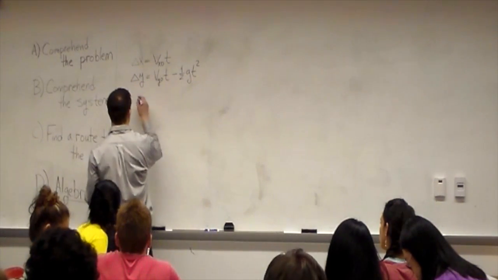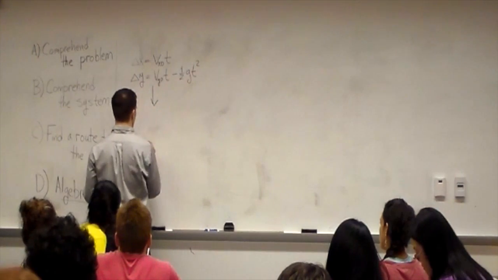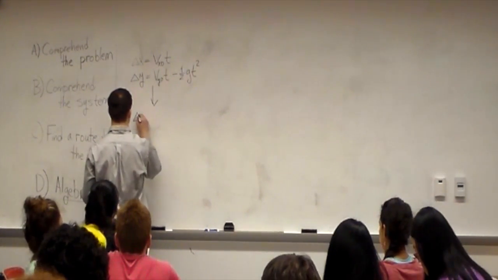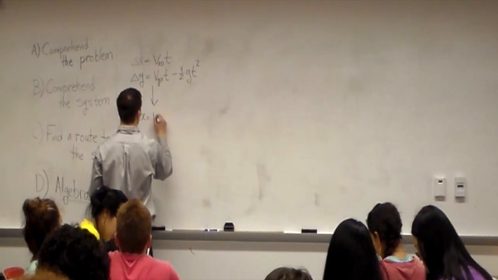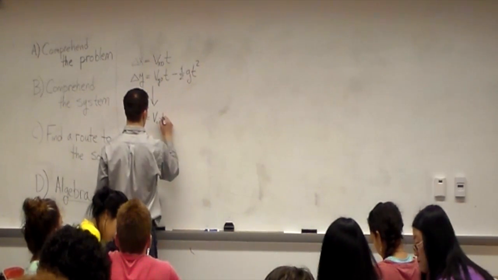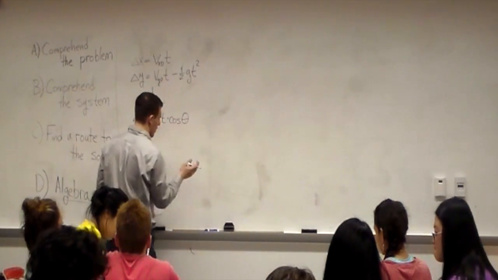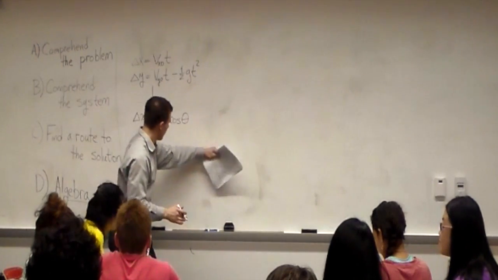I'm going to change this slightly because I'm going to assume that we're going to break up the components of the initial velocity, and I'm going to say that delta x is equal to v naught times t times cosine of the angle of inclination, the angle at which the thing is fired.